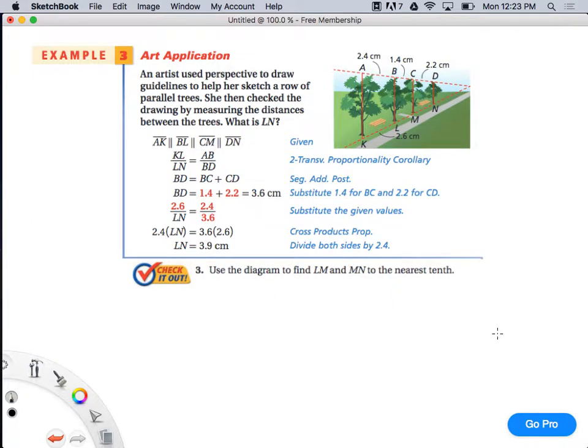So go ahead and see if you can solve for LM. Try to figure out what the ratio is that you need to set up. This is where you've got to really engage and try to use your minds. Try and work on it. I understand, but just try and get started.